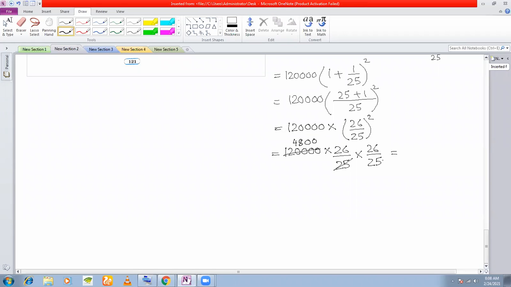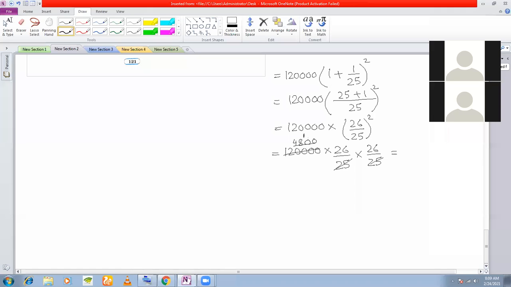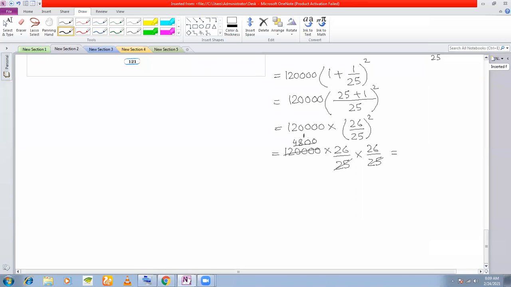Again, 4,800 will cancel with 25 192 times, because you have 25 once and then 23 is left. 25 into 9 will give you 225, and then 25 into 2 is 50, so 192 times.